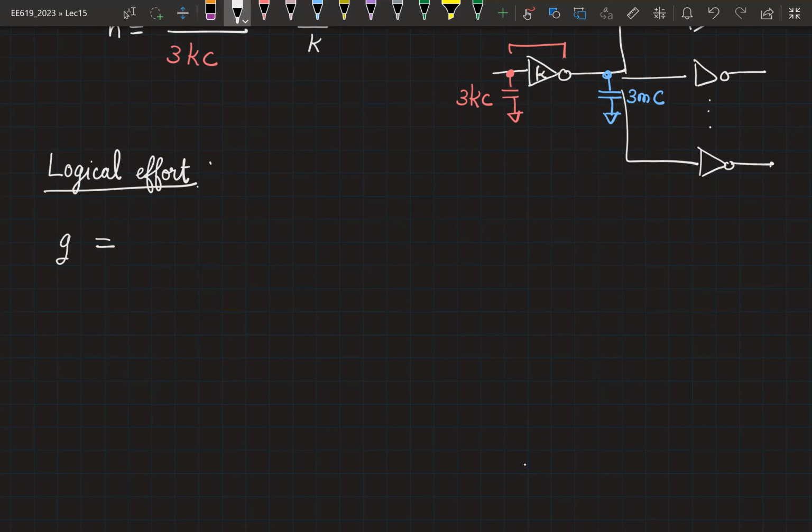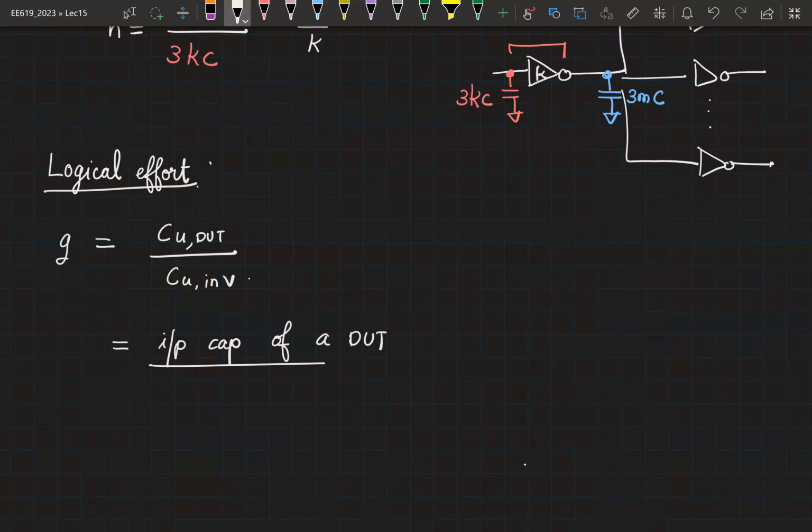What is the expression for g? Please go back to your notes and tell me. C of DUT by C of unit inverter. Or you can also do input capacitance of a given DUT divided by the input cap of the inverter which has the same drive strength.